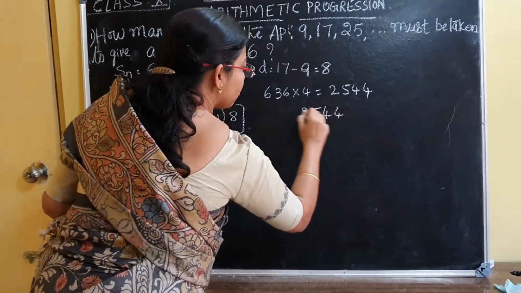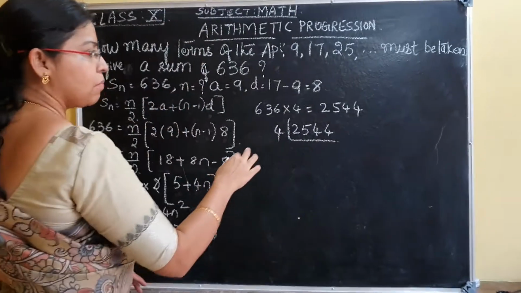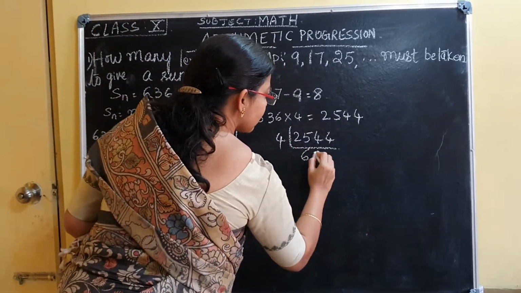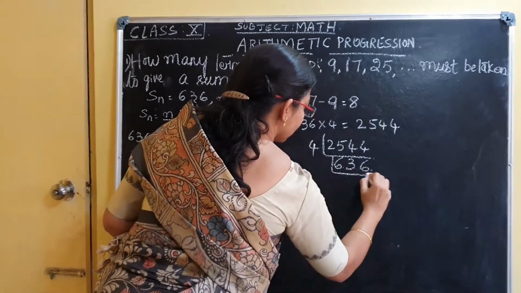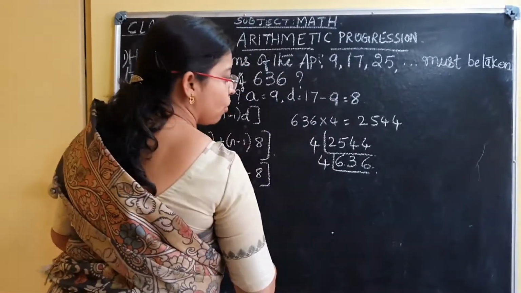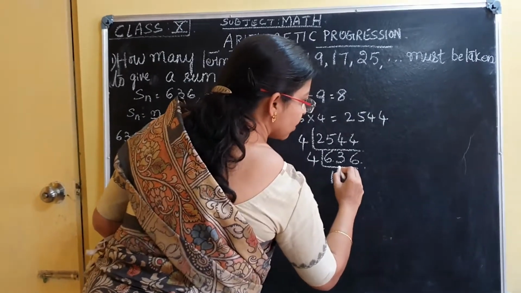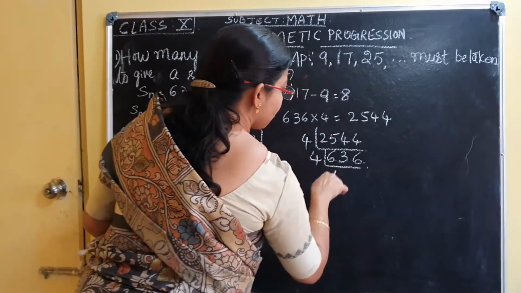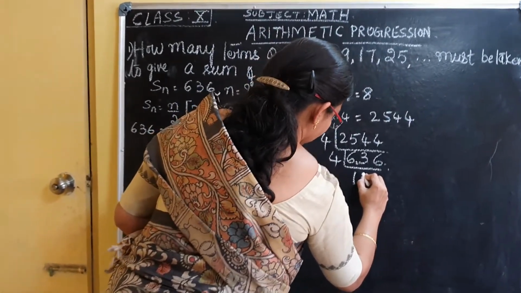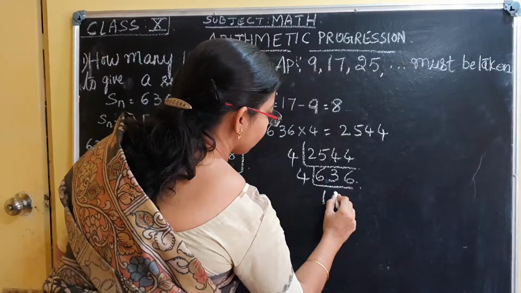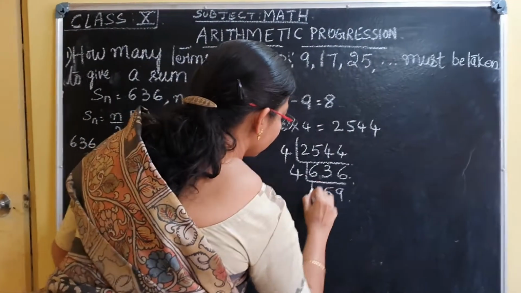How do we do it for big numbers? Start with a small number. 4 into 636, again by 4, 4 into 159.